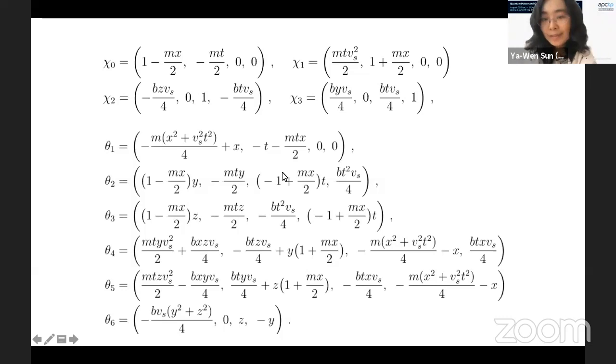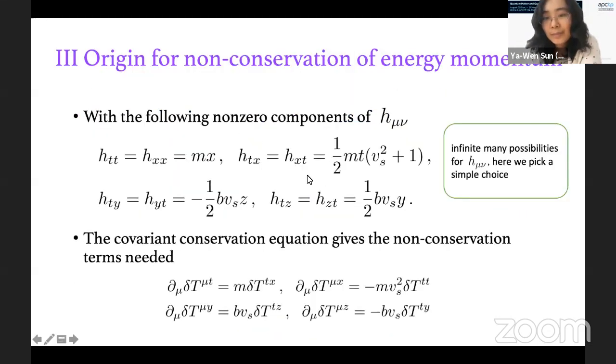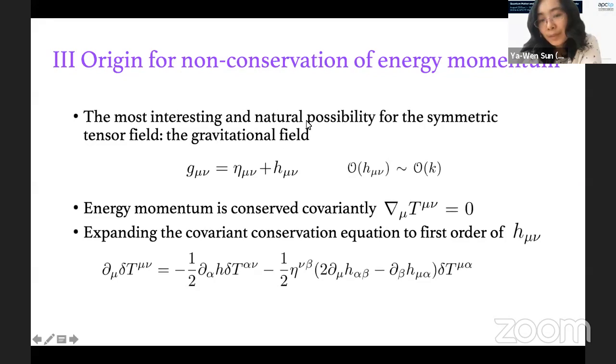Now it's not flat. So now it's this one, eta mu plus this H mu. It's flat, but it's observed in a non-inertial reference frame. So it's not Minkowski this time, but it's equivalent to the Minkowski one. Yeah, there's no curvature in the sense it's flat. But it's not the Minkowski spacetime. It's eta mu plus H mu.